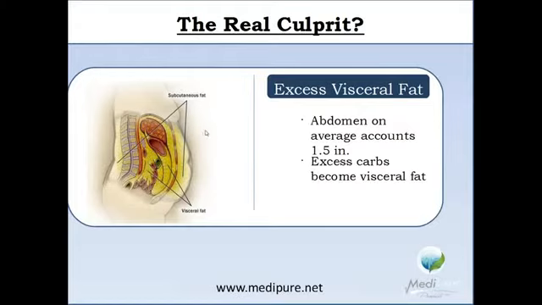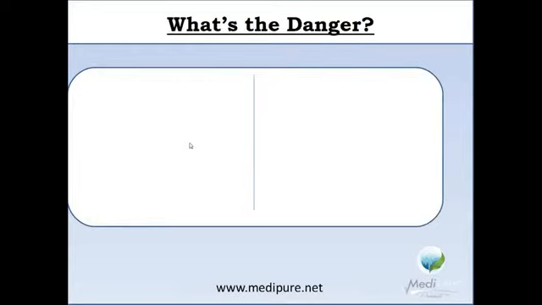Another interesting thing to note is that excess carbs become visceral fat. First and foremost, carbohydrates are good, but consuming them in excess, if we're not active, leads them to be converted into stored fat. And that fat happens to be stored right here in the viscerals.